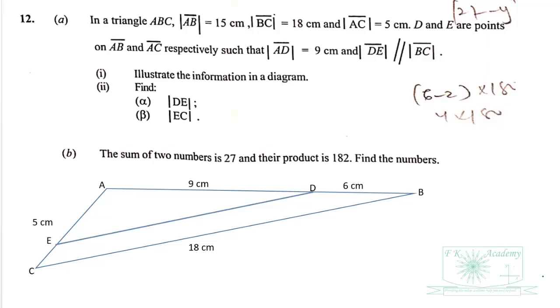So we can see that this is parallel to this. So the triangles are similar triangles. Triangle ADE is similar to triangle ABC. So if that is the case, we can calculate the value of line segment DE from here to here.